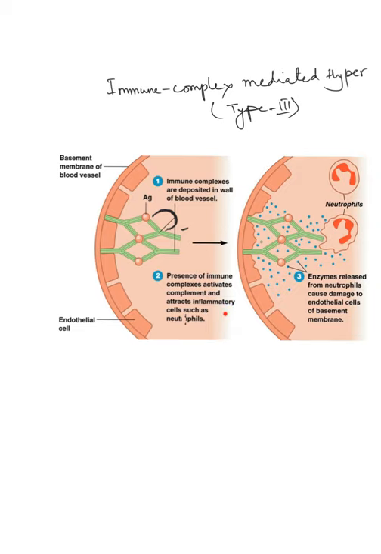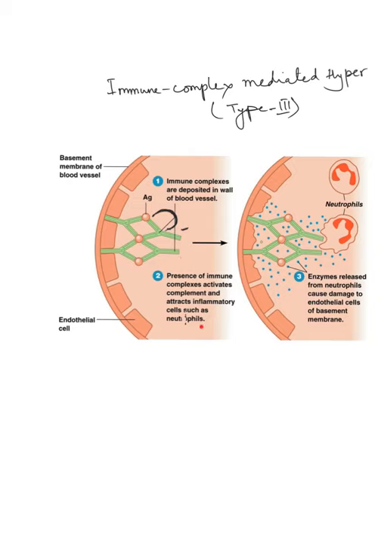For example, neutrophils would be attracted. Why? Because complement split products C3a, C4a, C5a act as anaphylatoxins, and anaphylatoxins are the molecules responsible for attracting the neutrophils to the site of immune complexes, or towards the site of inflammation.